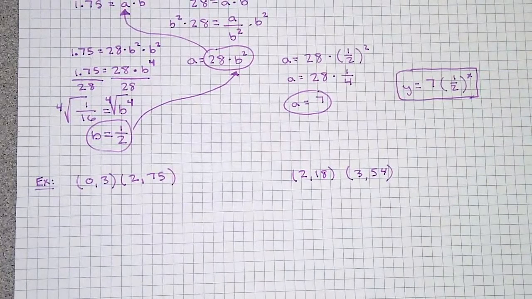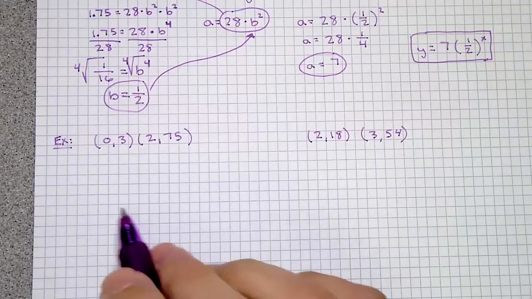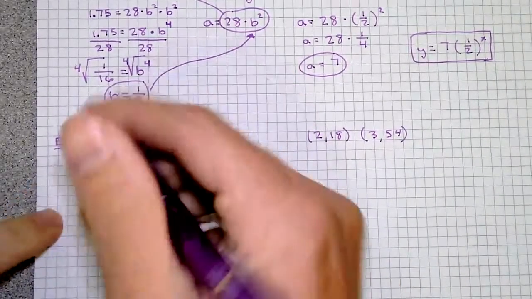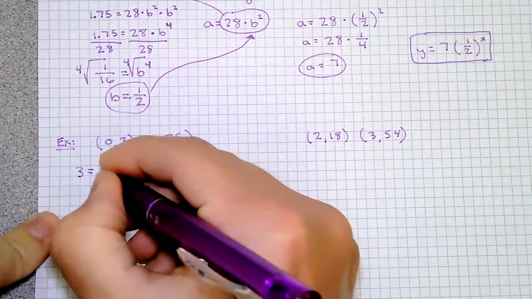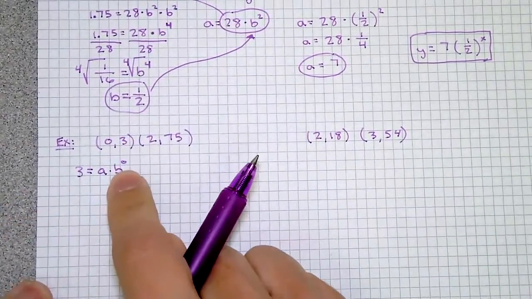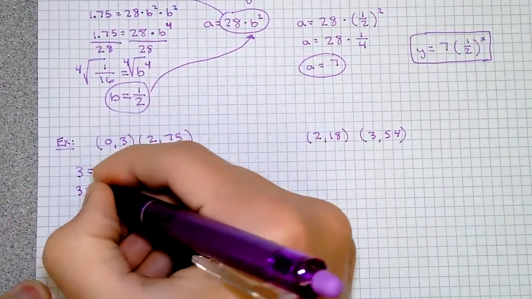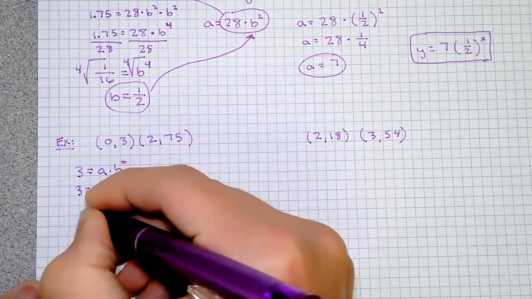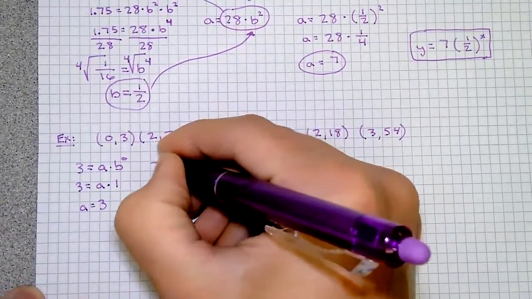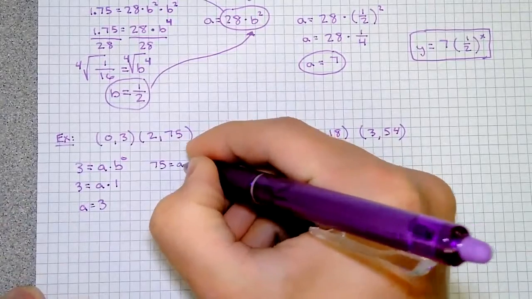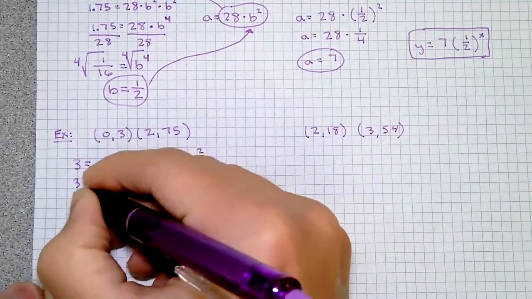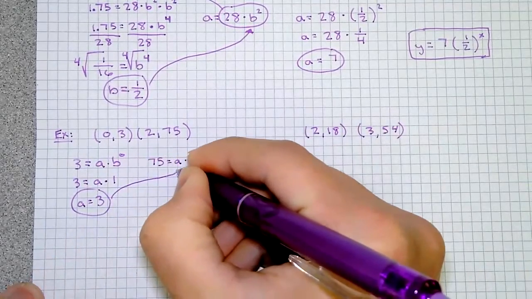All right, so on the first one here, you're given the y-intercept, so it makes it a little easier because if we plug in this first part, 3 equals a times b to the 0. If we recall, anything raised to the 0 power is just 1. So really it's 3 equals a times 1, or just a equals 3. As we plug in the values on the second equation, we get 75 equals a times b squared. And we can go straight to plugging this in.